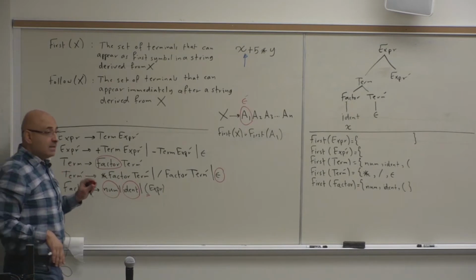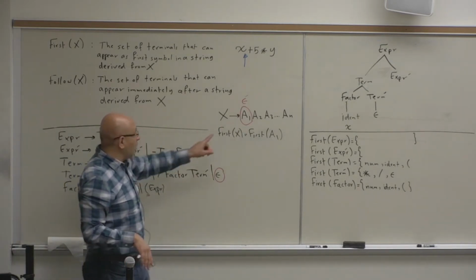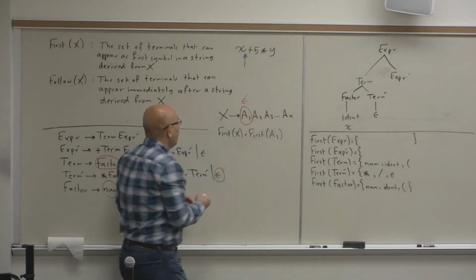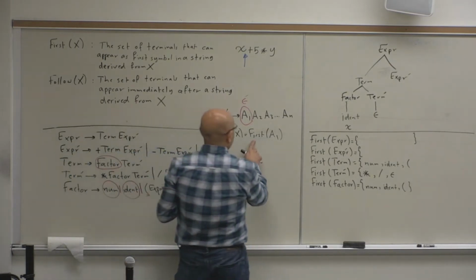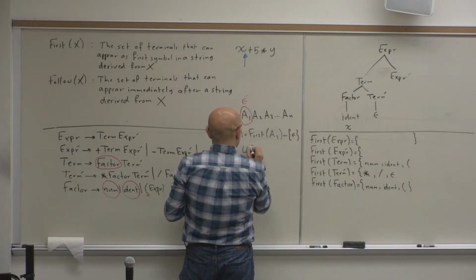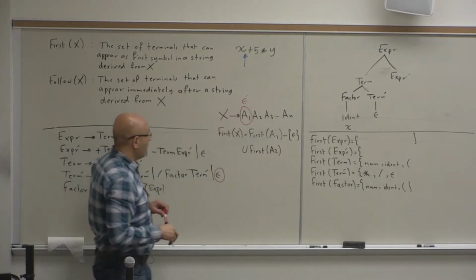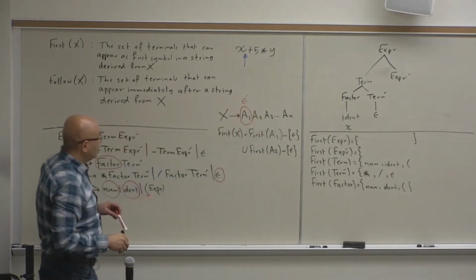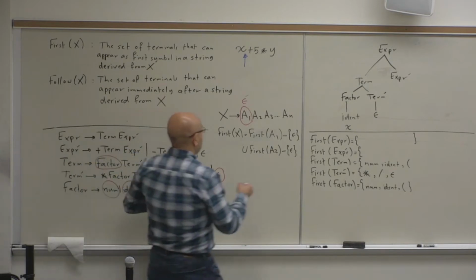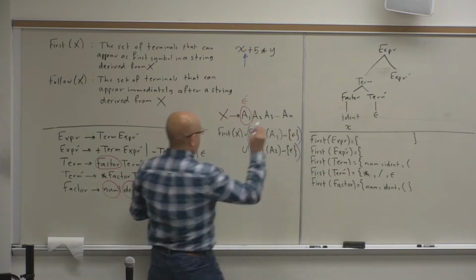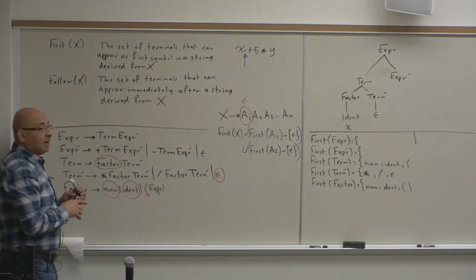And if epsilon appears in the first set of A1, we should also include the first set of A2 in the first set of X. So we should say it's first of A1 minus the epsilon, union first of A2 minus the epsilon. Now, will it be enough to put the first of A2?